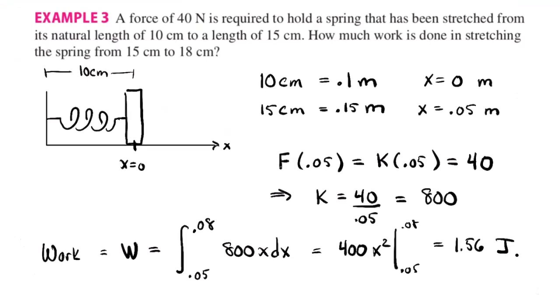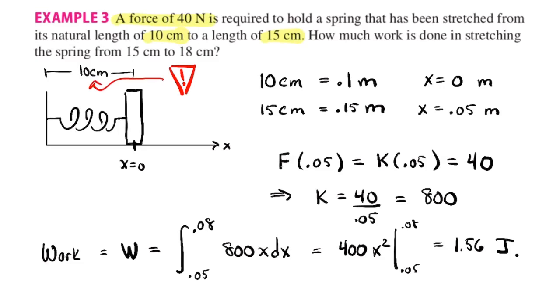So we're given that it takes 40 newtons of force to hold a spring that's been stretched from its natural length of 10 centimeters to a length of 15 centimeters. So we've stretched the spring 5 centimeters. Be careful here. Our formulas require that we measure distance in meters.